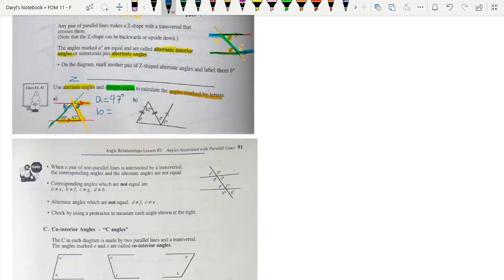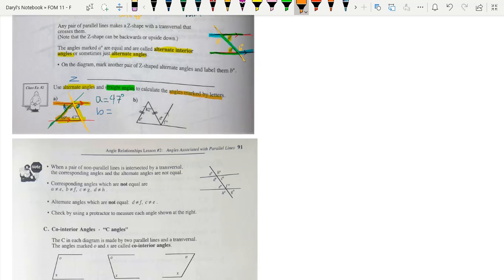Again, that would be this particular angle. So I want to get that measurement, but then again, I can create a pattern Z from these lines.